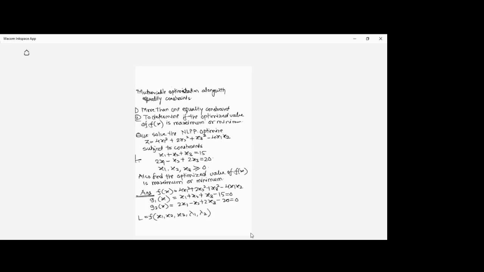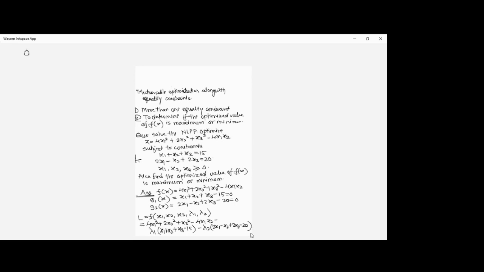So what we can write with yesterday's knowledge is that it is 4x1 square plus twice of x2 square plus x3 square minus 4x1x2 minus lambda 1 times (x1 plus x2 plus x3 minus 15) minus lambda 2 times (twice of x1 minus x2 plus twice of x3 minus 20).